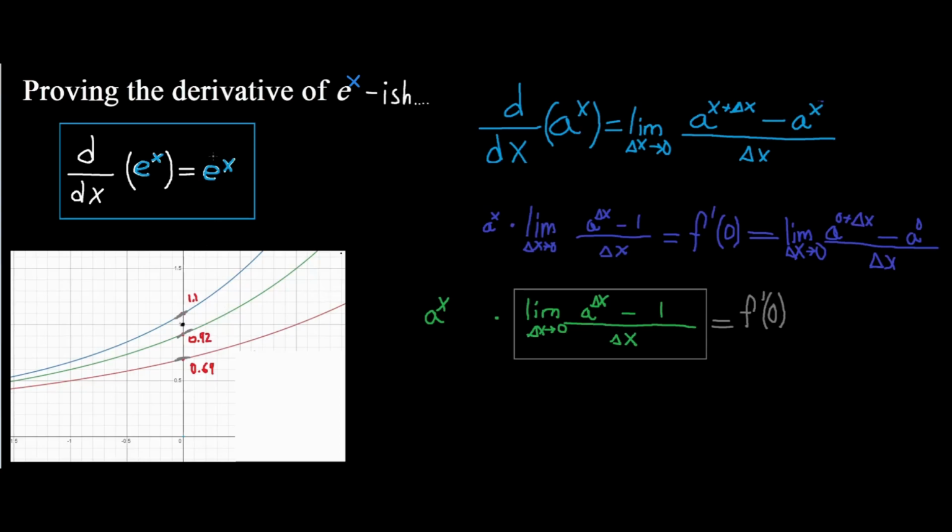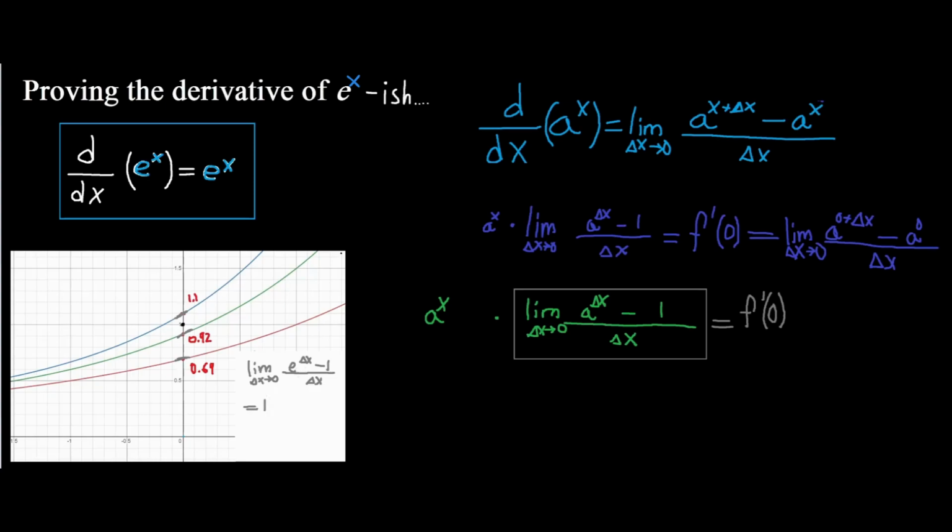The number that makes this true is e. In other words, the limit as delta x approaches 0 of e to the delta x minus 1 over delta x is equal to 1.